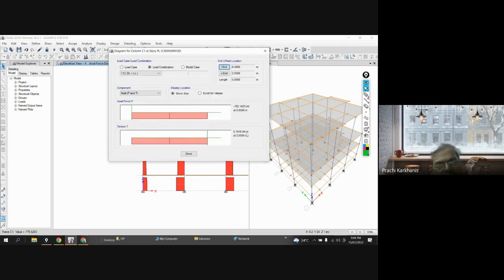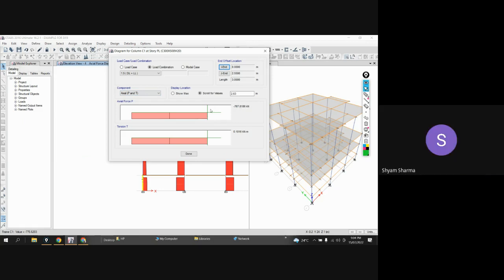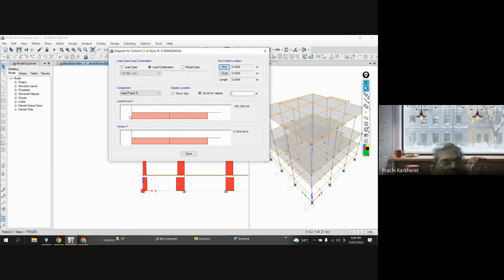See, this is negative. How much negative? You can check it over here. So the axial force, how much? 767.8186 kilonewton. And if you check it over here, you are getting 782. So this is your I end, and this is your J end.